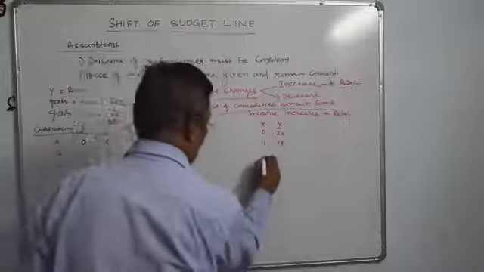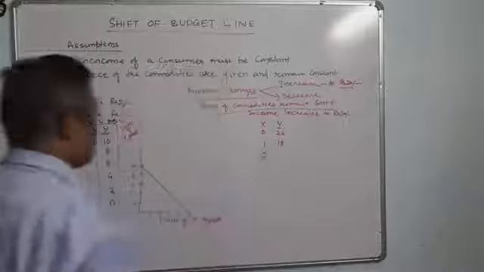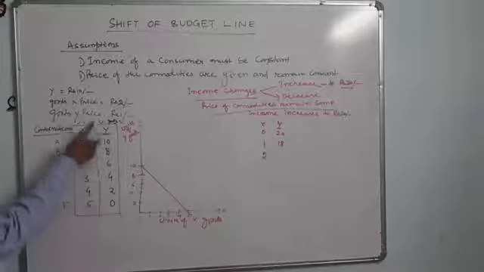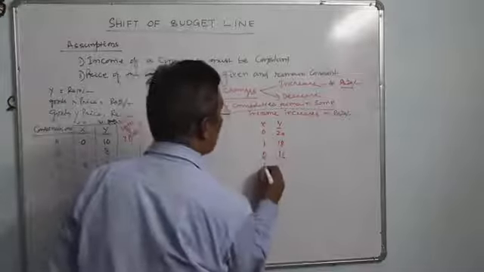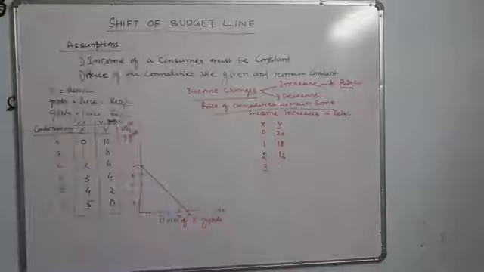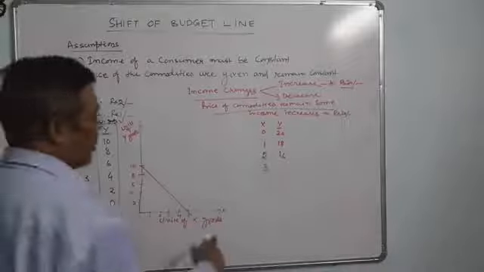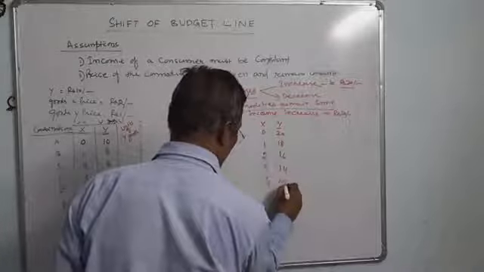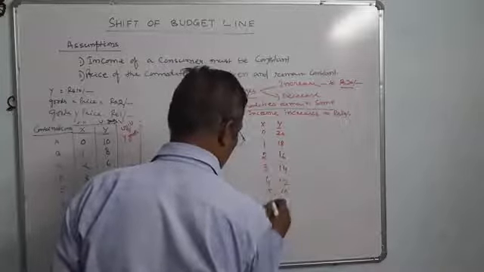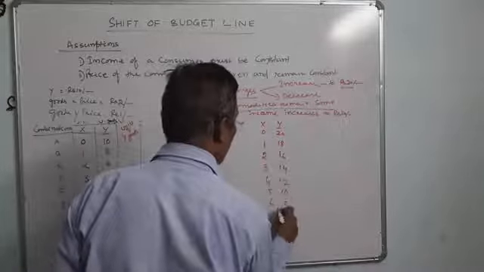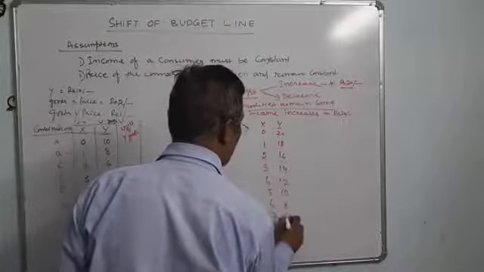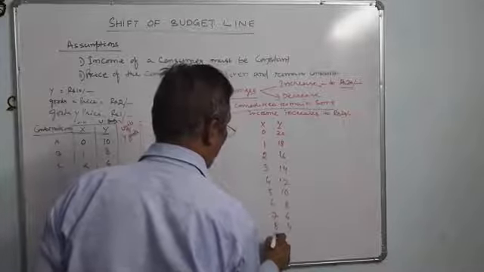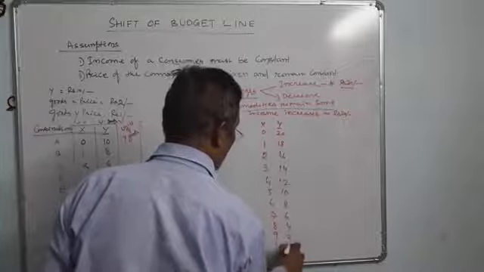Similarly, if you purchase 2 units of X, 2 into 2 is 4, remaining 16. With 3 units of X, it will be 6, and 14. With 4 units, 8, and 12. With 5 units, 10, and 10. With 6 units, 8, with 7 units, 6, with 8 units, 16 spent and 4, with 9 units, 2, and with 10 units, 0.